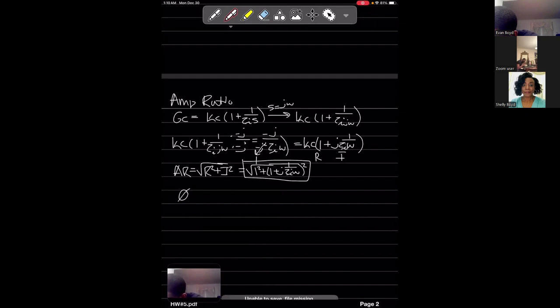Next we can do the phase though. So the phase is the inverse tangent of I over R, which we know is just the inverse tangent of 1 over J tau I omega divided by 1.